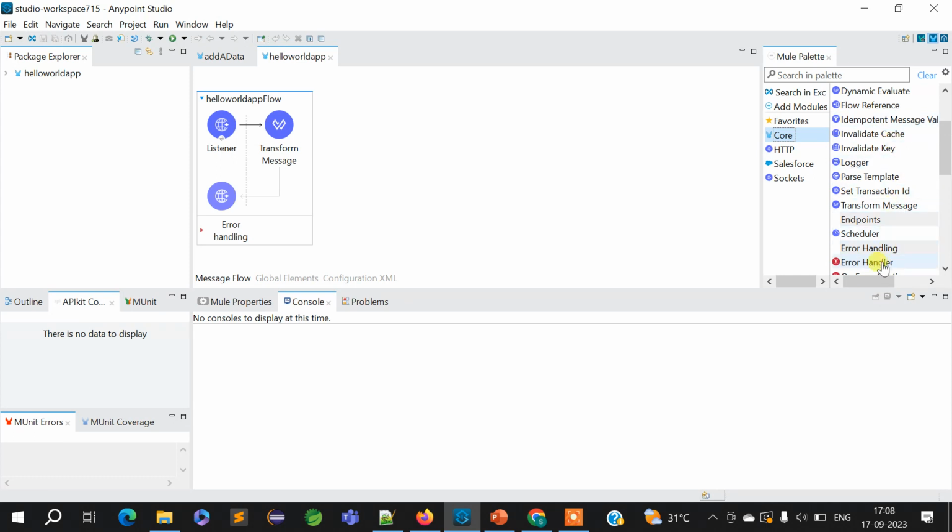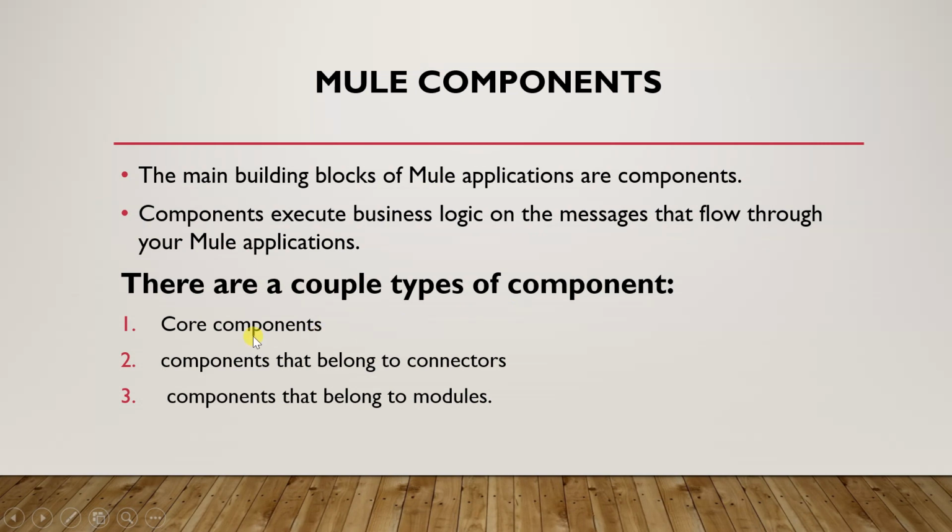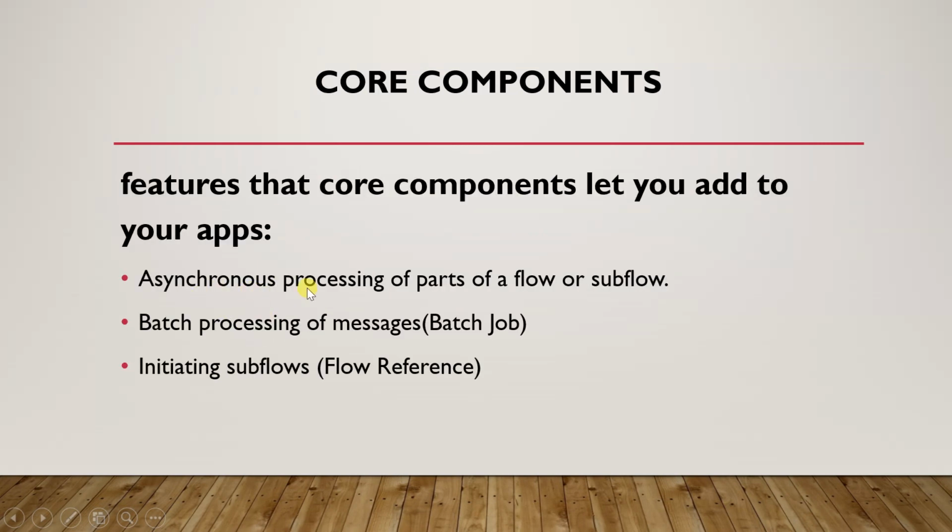By using these components, we can achieve various functionalities. Some examples I have written here. By using core components, we can achieve asynchronous processing. We can perform batch processing of messages. We can initiate subflows using flow reference.